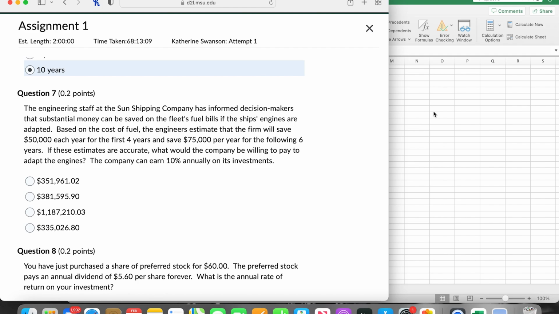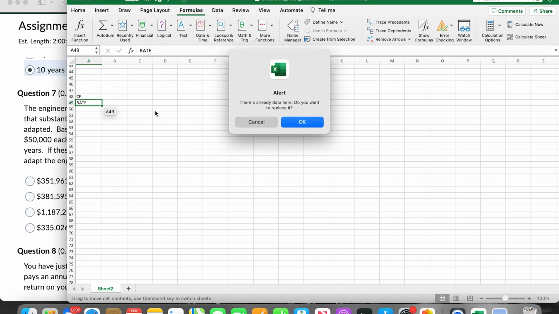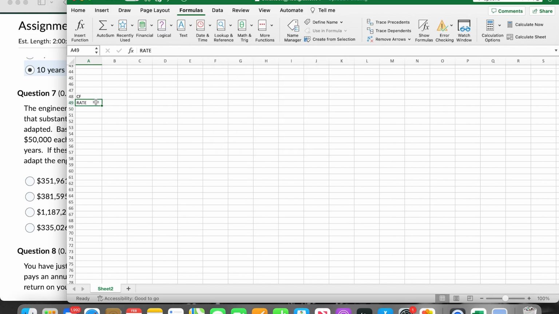So this is similar to a question that we had before, in that we're going to start off by making a cash flow table. So cash flow, rate, and that's 10% annually. And then we are going to calculate the PV, for year 0 all the way to 10.